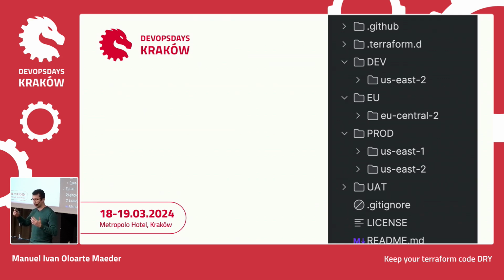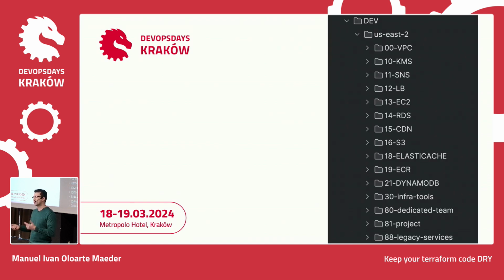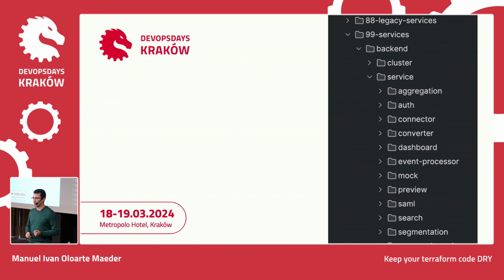Then you have this region directory, and when you open it, you will find the amount of resources that are configured inside this region. It's actually kind of a mess after a few years, because when you open this type of directory called services, you will find a section called backend, and then you will find the amount of services.